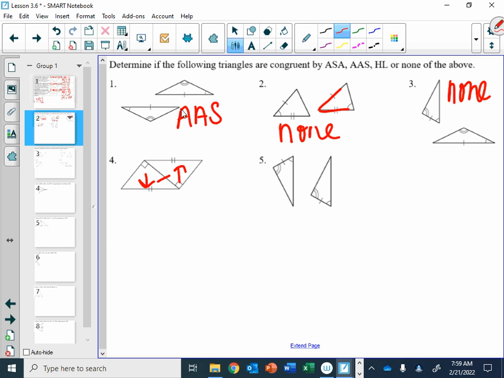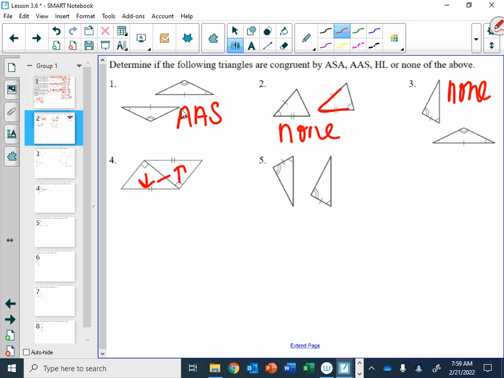So if you were given, it depends. Because then you could say side, side, side, because you would have all three sides. So it's got to be a leg and a hypotenuse.